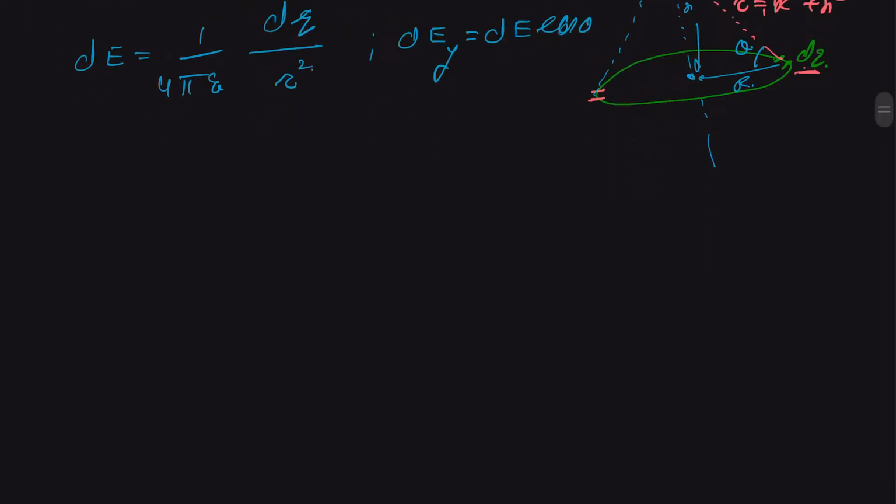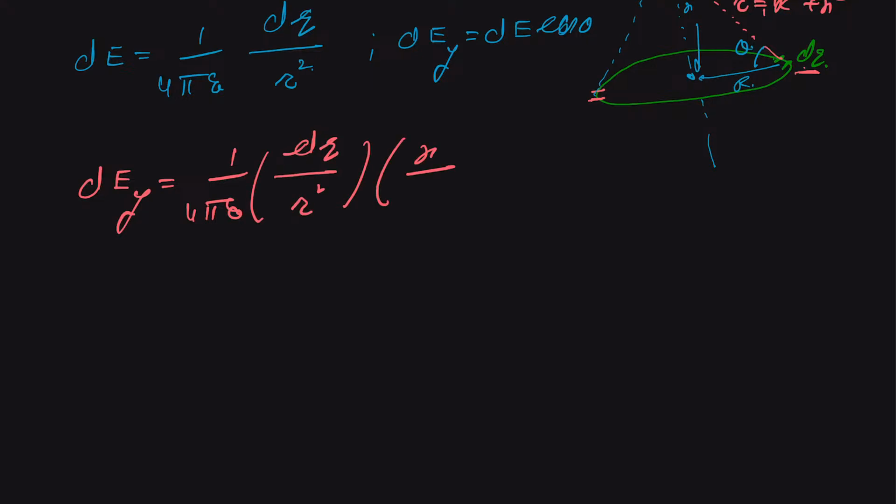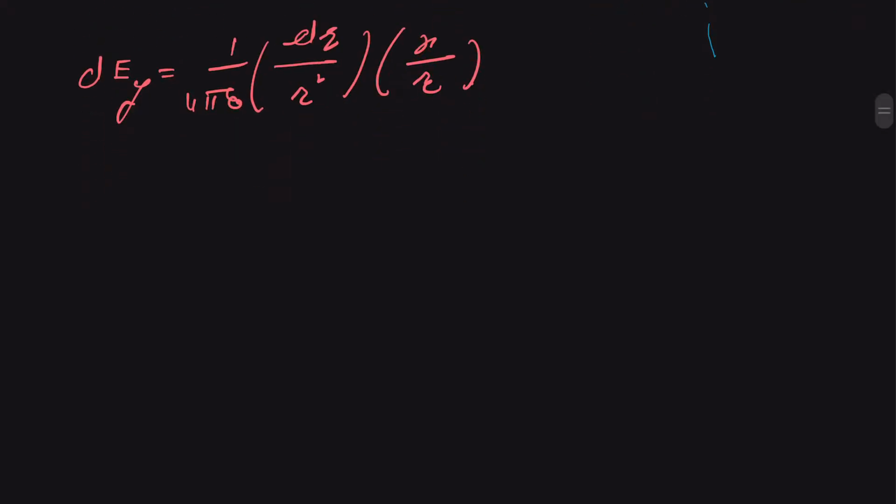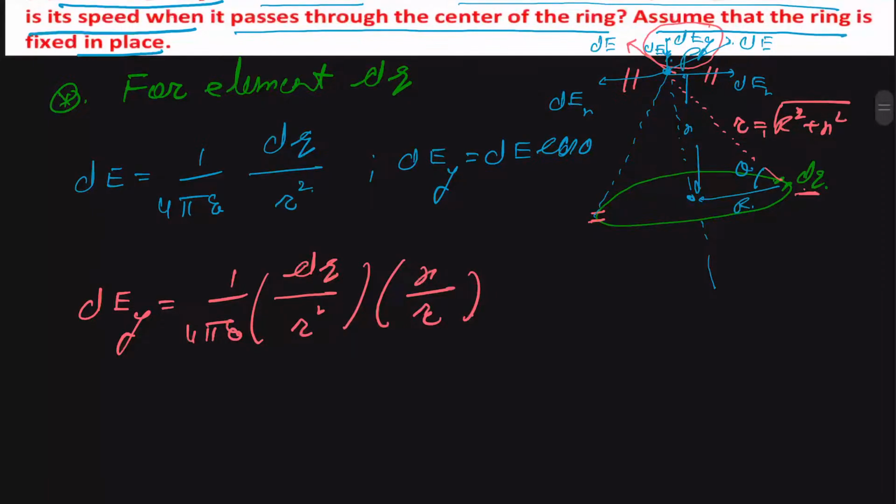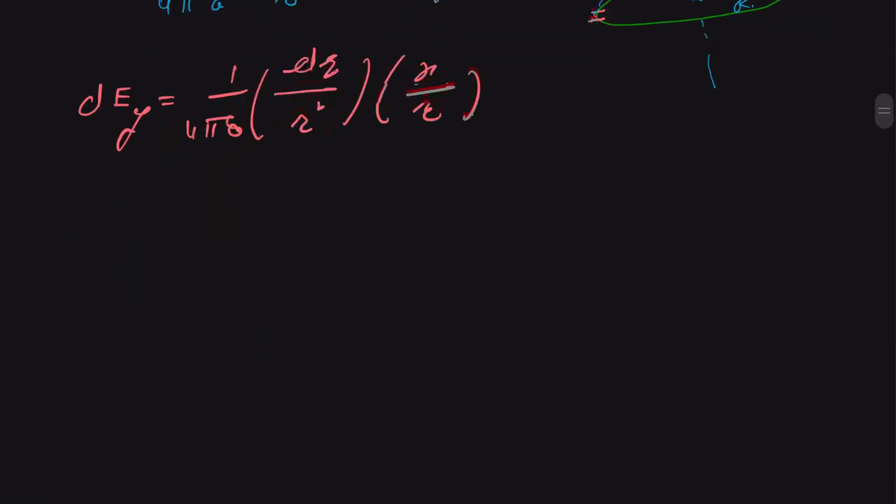Therefore we can write that dEy will be equal to our value of dE, which we already know, is 1 upon 4 pi epsilon naught, and this is our dq upon r square, and cos of theta will be equal to our x upon r, and our r is the square root of r square plus x square.